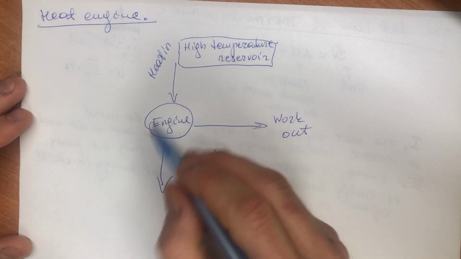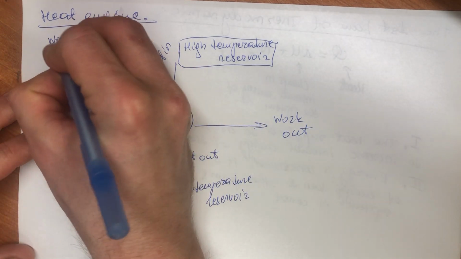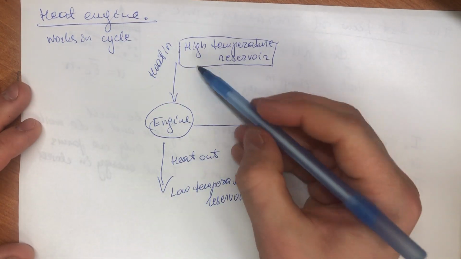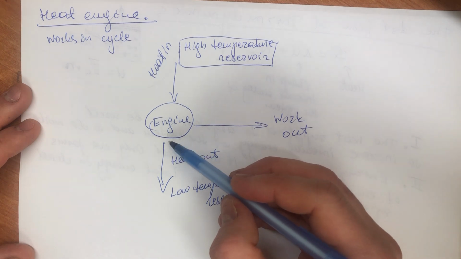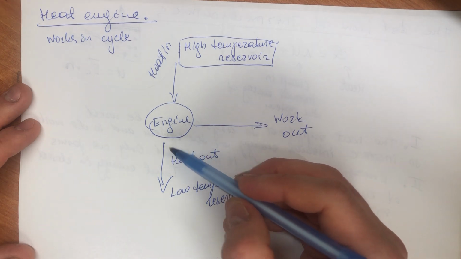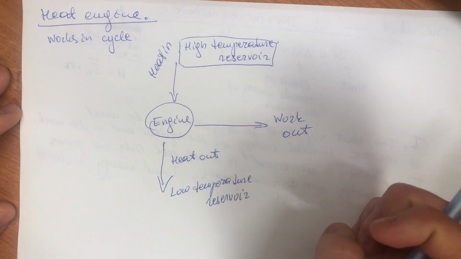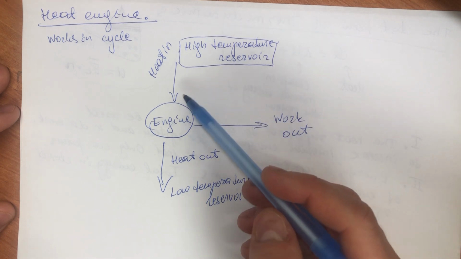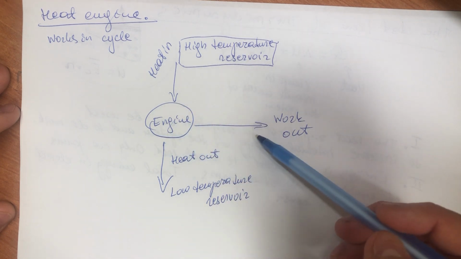This is one working cycle, so the engine works in cycles. Some heat comes in, does work, and the heat that was unable to do work is removed. As we talked about, in the engine a combustion reaction occurs. That's how work is performed.